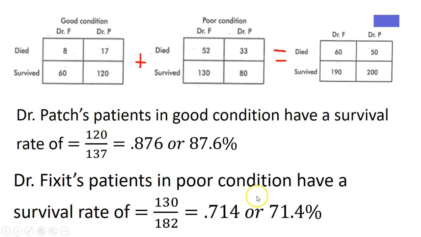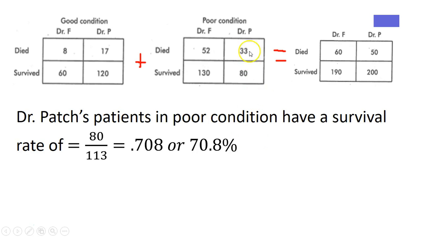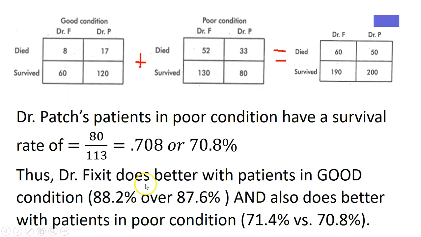Dr. Fixit's patients in poor condition, 71.4%. And then Dr. Patch, he actually did worse in both categories. Dr. Fixit did better in each individual category. Dr. Fixit does better with patients in good condition, and he does better with patients in poor condition.